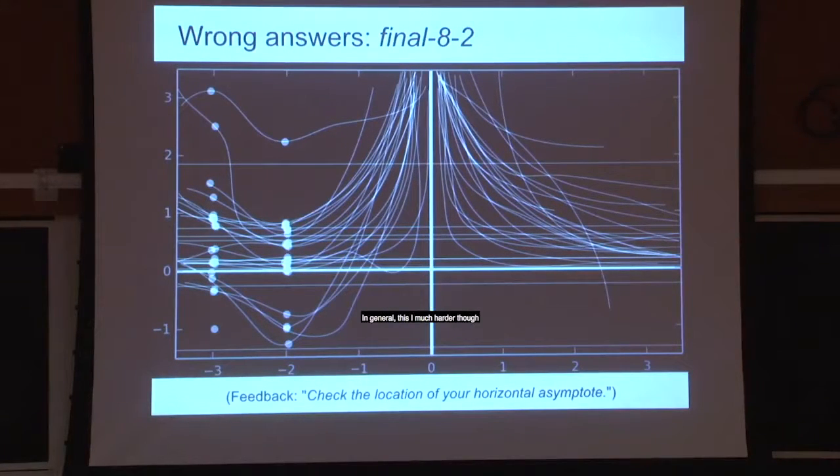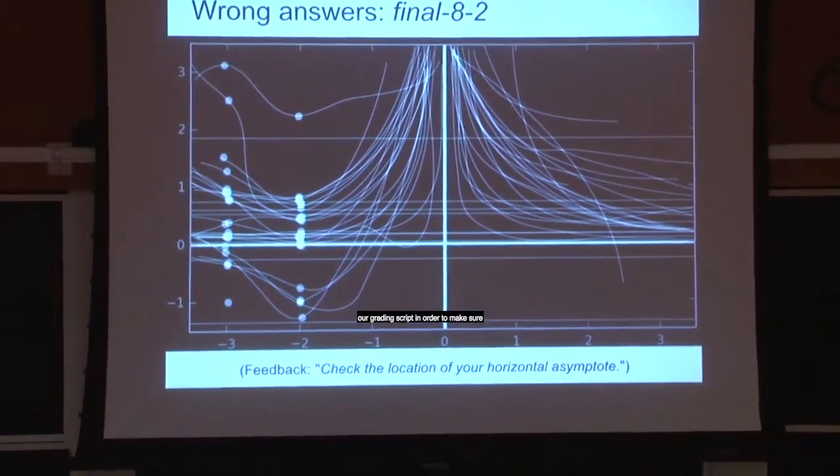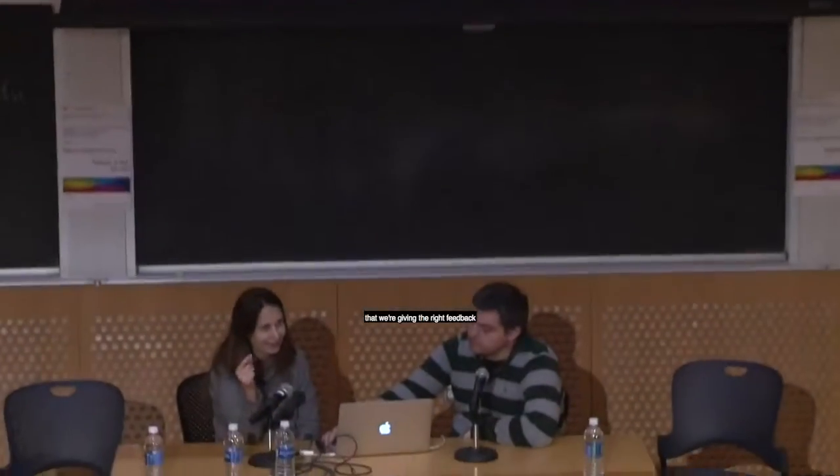In general, this is much harder to look at than the correct submissions. So one of the things that we hope to do in the future is look at perhaps some machine learning clustering techniques to see if we can extract some of these features. And then we also want to rewrite our grading scripts in order to make sure that we're giving the right feedback at the right time based on the correct misconception.